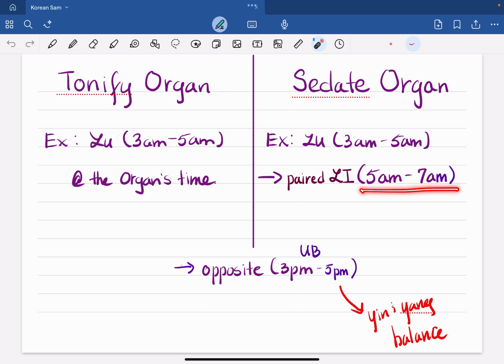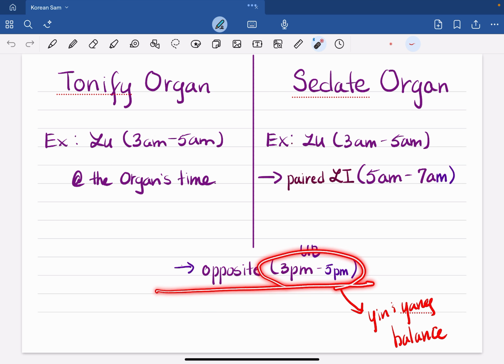Now, besides these 2 primary ways of tonifying the organ or sedating the organ, both of these can also use a secondary method, which is to use the opposite time. So in this case, if you want to tonify the lungs or sedate the lungs, either or, you would use the opposite time, which is from 3 p.m. to 5 p.m., which is at the urinary bladder time.